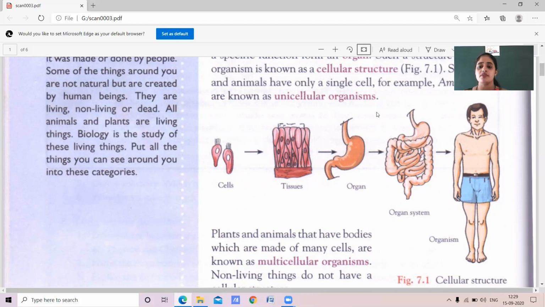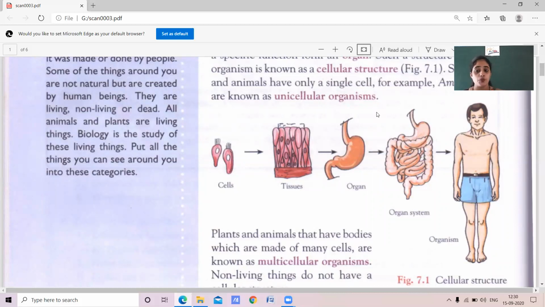How is this formed? This is formed by a group of tissues. Okay. If you move to the next, the organ system, all these organs are systematically arranged. A number of organs are present to form an organ system which makes a whole living organism.